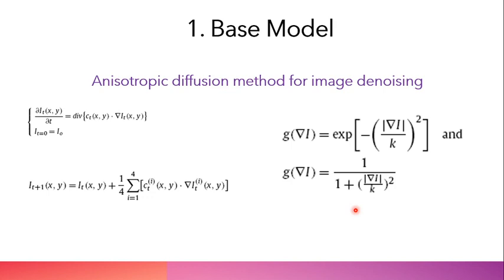In the second subsection, we are going to introduce the existing related methods, that is, related to anisotropic diffusion. Because with the proposed method, we are going to compare with the existing methods.